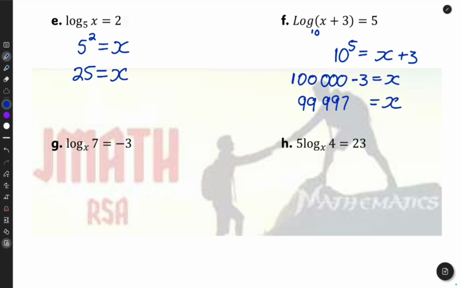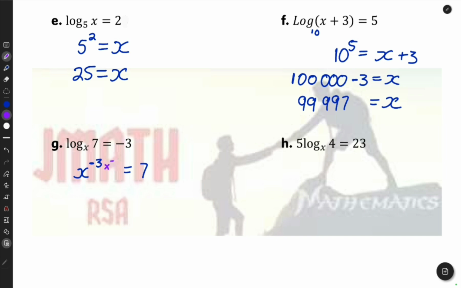G, I'm going to do the same. My answer is just not going to be very pretty. So the base stays the base, and the other two swap around. Okay, so something to the power minus 3 needs to give me a 7. So I am going to do reciprocals. So remember with reciprocals, if I just move this a little bit, it means I need to multiply the exponent by a number that will give me a positive 1.